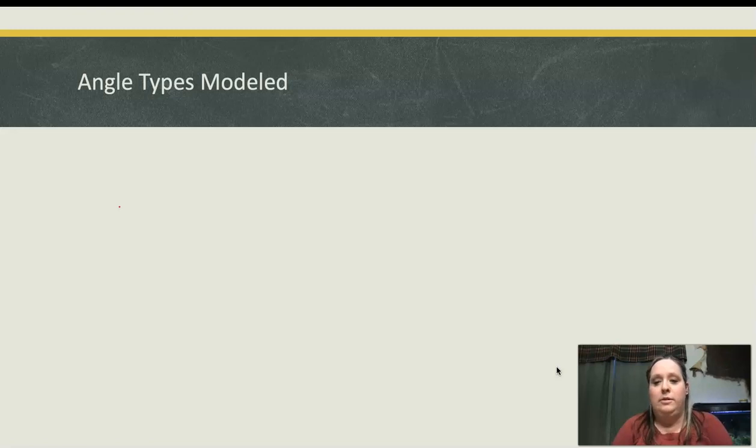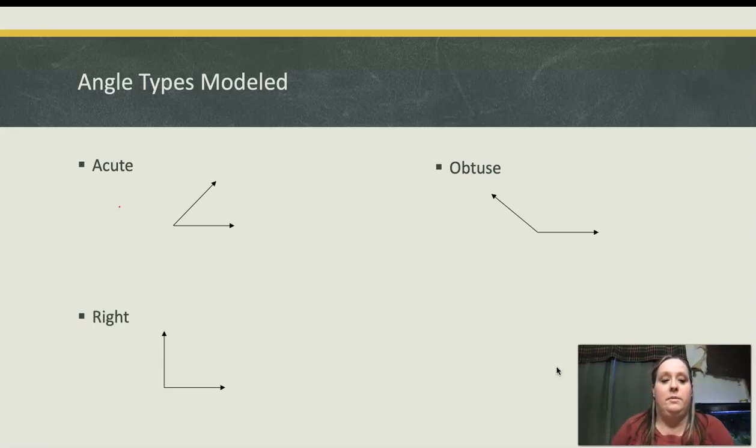So, for example, 120 degree angle. Okay? So here's my acute. Here's my obtuse. Here's my right. And here's my straight. Okay?